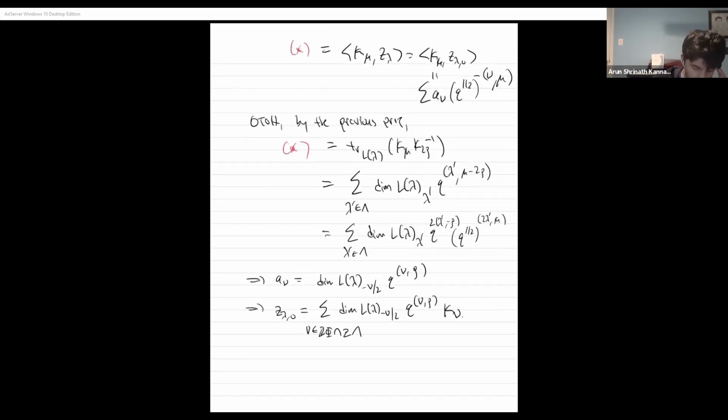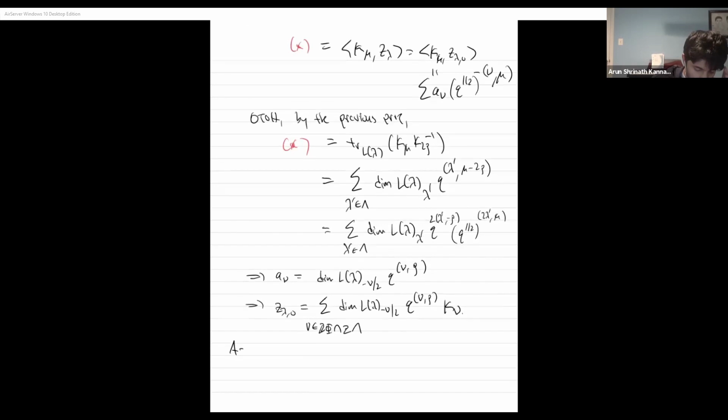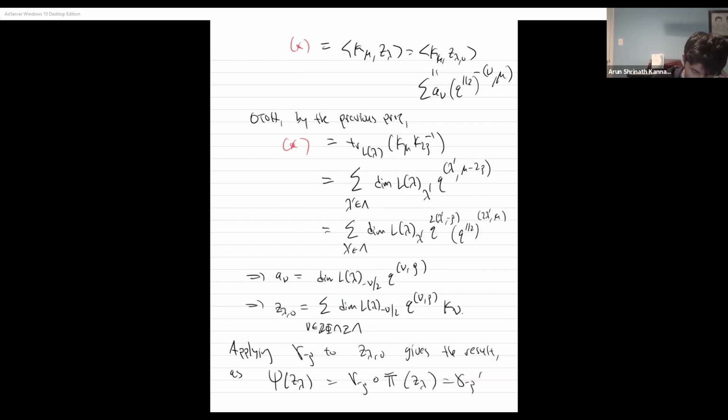And then we just apply gamma minus rho to z lambda 0, which gives the result: the Harish-Chandra morphism of z lambda is equal to gamma minus rho applied to pi z lambda, which is equal to gamma minus rho of z lambda 0.